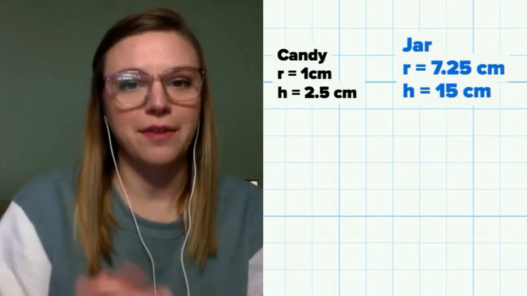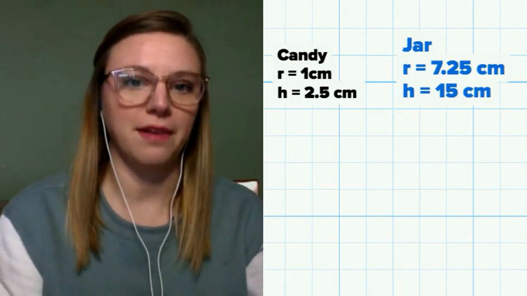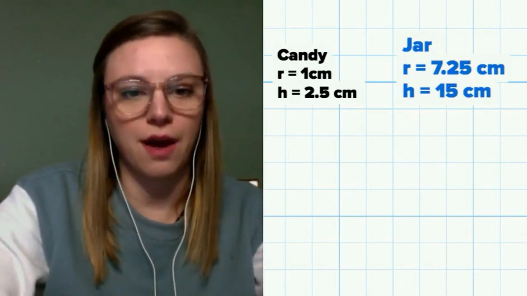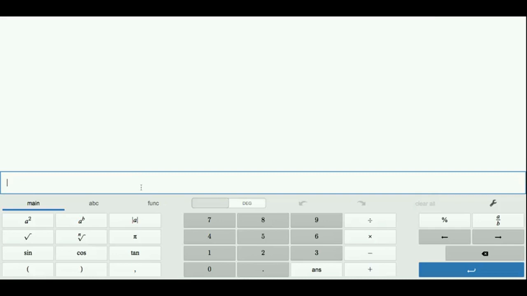So now that we know the measurement of the candy and the jar, we can plug these into the formula. So I'm going to use, and I need pi times the radius squared times the height, which is 2.5.